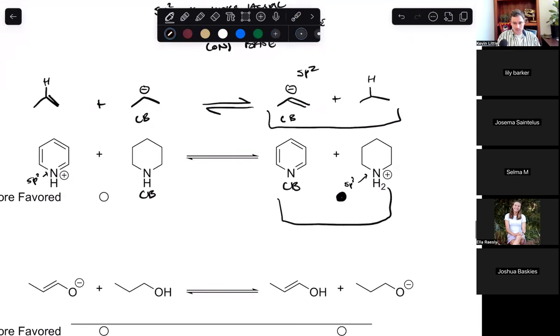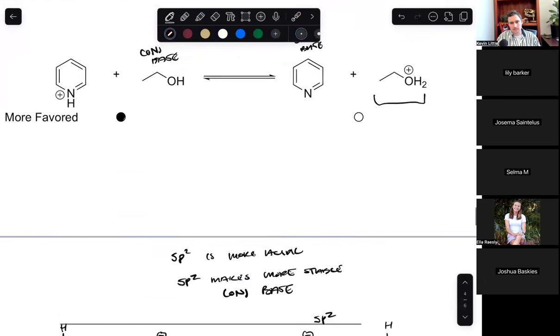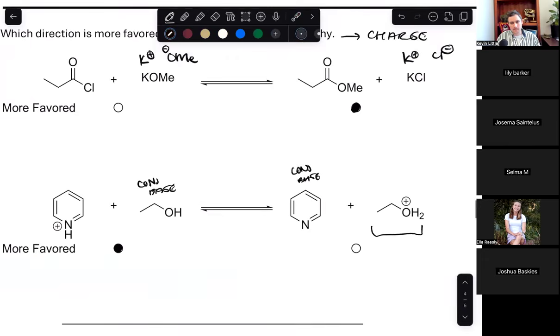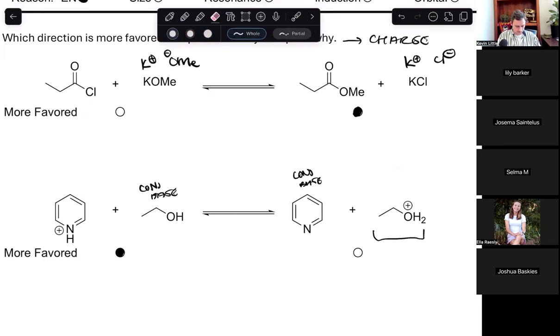Cool. I'm still confused. For the one before this, on the other page, I always look at the conjugate bases, and the O would be more electronegative, but then the N is sp2. So how do you figure out which one is more stable from the bases for that one?